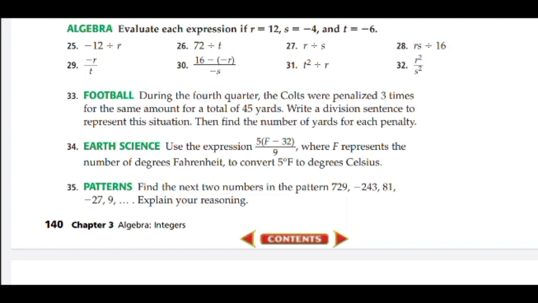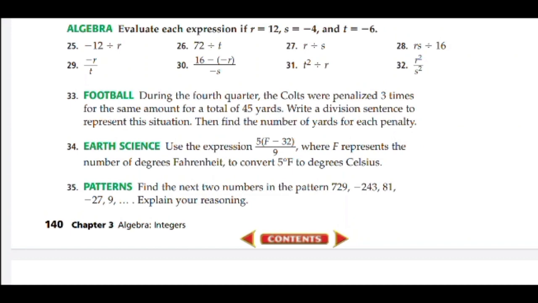35, Patterns. Find the next two numbers in the pattern 729, minus 243, 81, minus 27, 9, and so on.